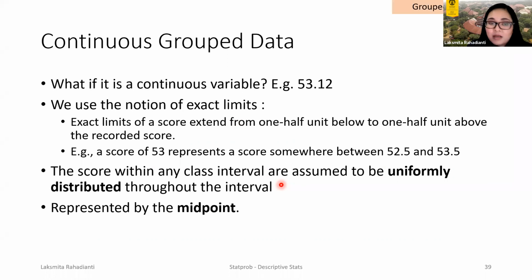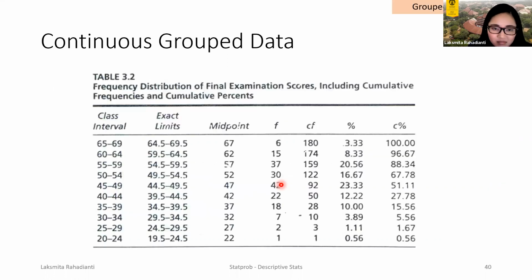But if that's not possible, you can also use the exact limits, which is, as I mentioned here, when the class interval is 65 to 69, the exact limits are 64.5 and 69.5. So if I were to have a data point at 64.6, obviously it will fall in this class interval. But if it's 64.3, it will fall into the below interval.